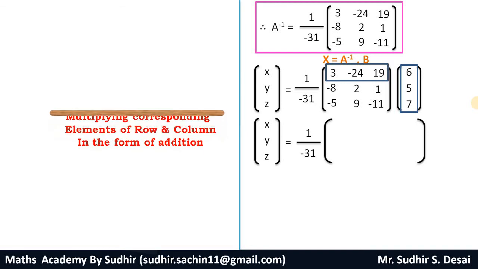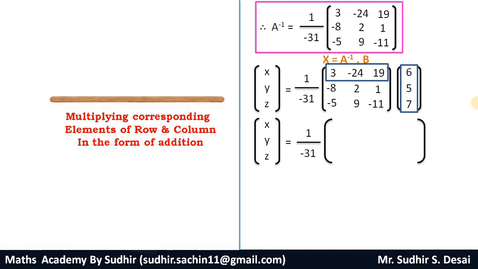By multiplying corresponding elements of row and column in the form of addition. So the first element is multiplied to the first element of the column: 3 into 6, 18, in the form of addition.